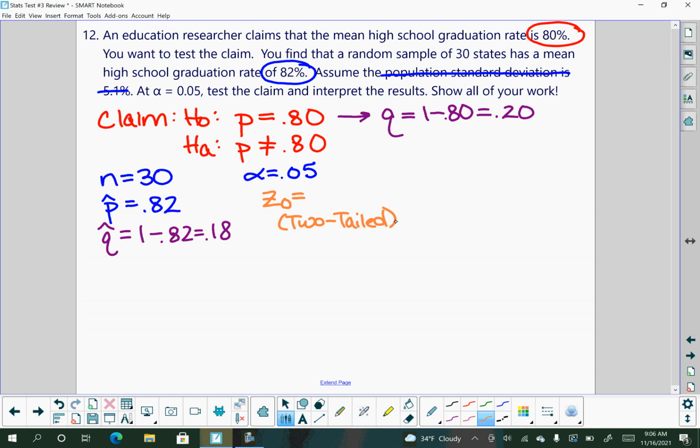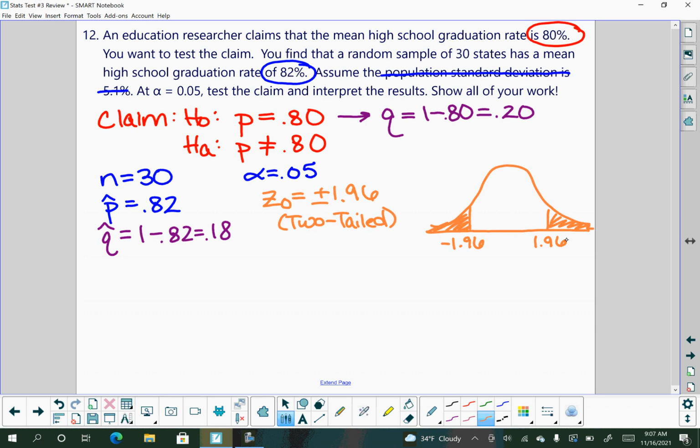You're going to look for a level of significance of 0.05, and you guys should see a critical value or critical values of plus and minus 1.96, which we can go ahead and sketch those rejection regions then. On both tails, negative 1.96 and positive 1.96.